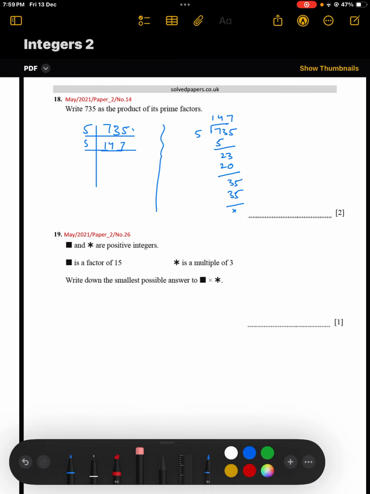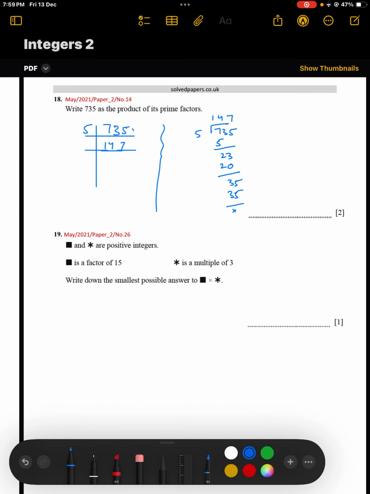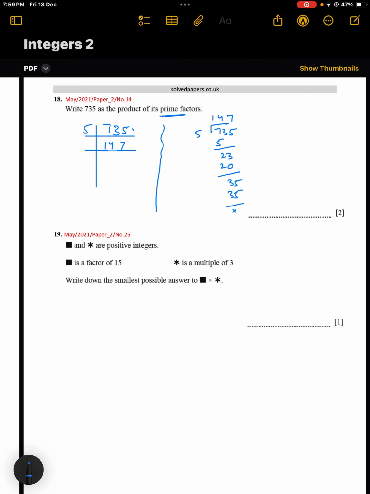We'll choose any other number. Make sure we have to select prime numbers. So 5 is prime, 3 is prime. Let's check whether it is divisible by 3 or not. So 147 divided by 3. 3 times 4 will be 12, then 27, and this will be 9.